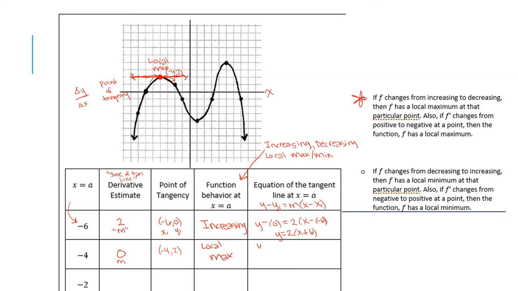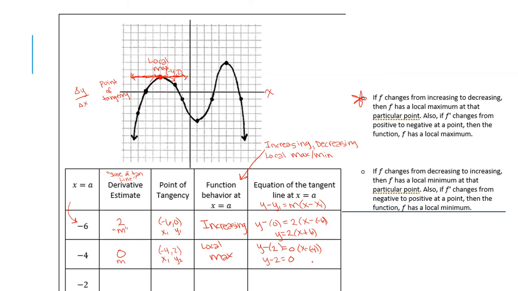Now my equation, I'm just going to set this up. I'm going to plug in y1, which is 2, m, which is 0. My slope is 0. And x1 is -4. So I'm left with y minus 2 equals 0.